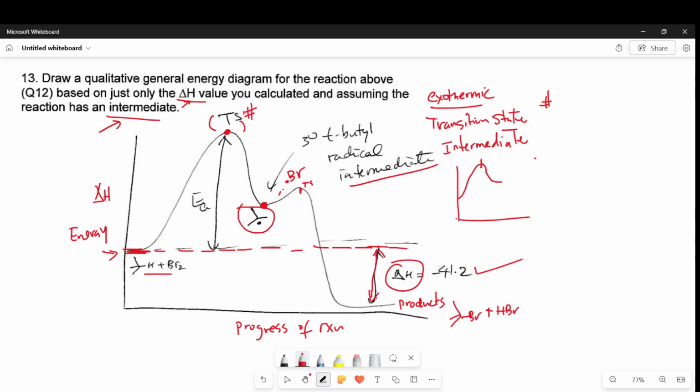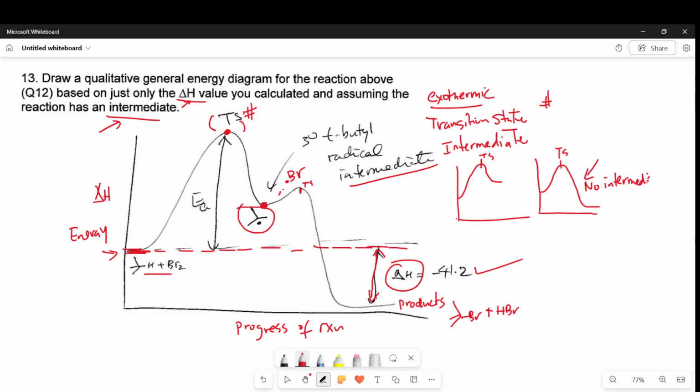For exothermic with no intermediate as well, you would have something like this. So this is the transition state. This is the transition state. As you see, the shape is different. Here you have an intermediate, which is relatively stable. It goes through that. No intermediate for these two.